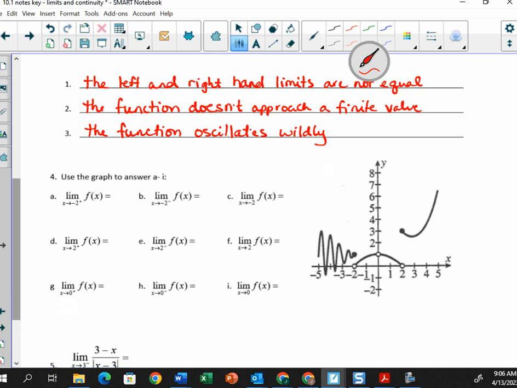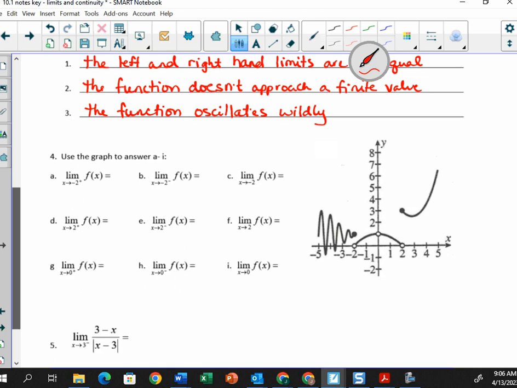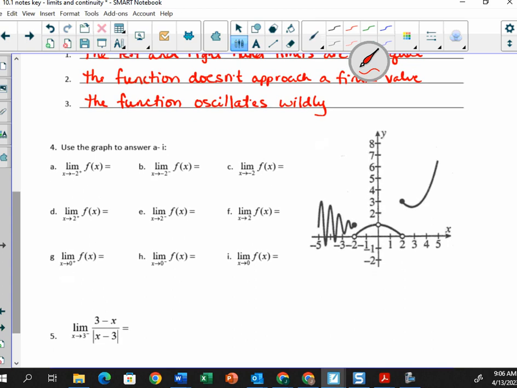All right, guys. Try number 4 here, A through I. And guys, this is some wild oscillation going on in your graph here, just so you know.